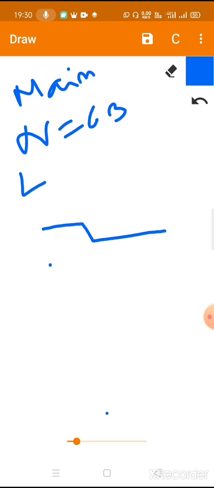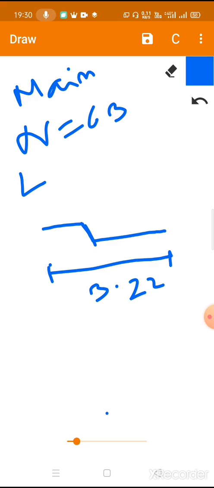So this length is 3.22, that is okay. This length is 3.22, that is okay. But what about this depth? This depth is taken as 4 centimeter.